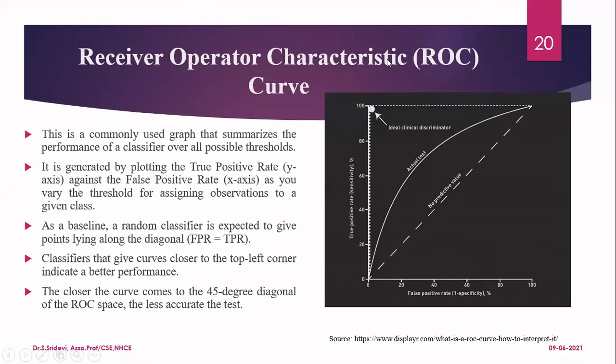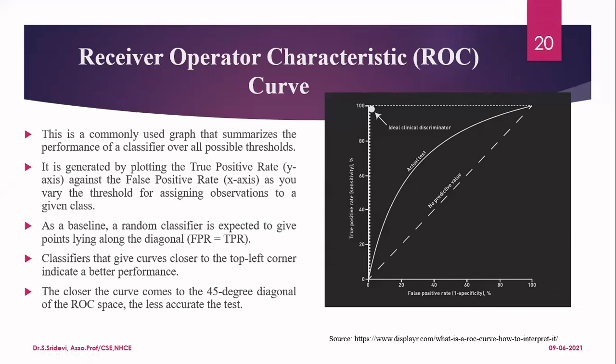definitely it will not work well. ROC stands for receiver operator characteristics curve. Here you can also plot this curve, and it is a commonly used graph that summarizes the performance of a classifier over all possible thresholds. Just now in logistic regression, I told you that it is based only upon the threshold.